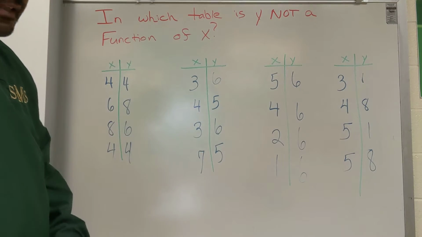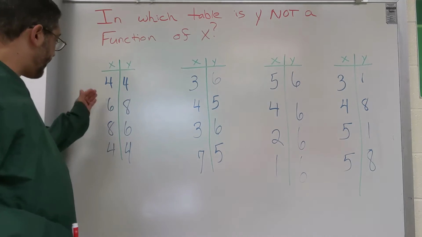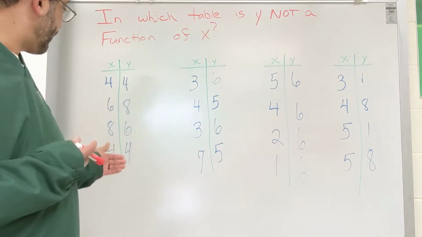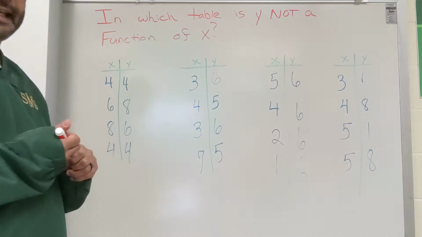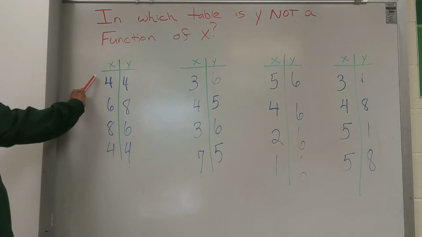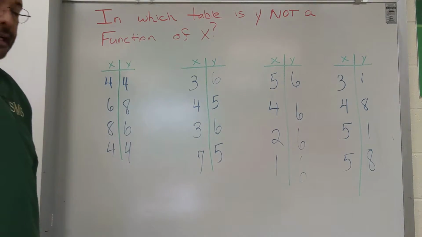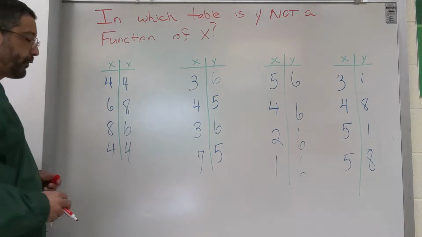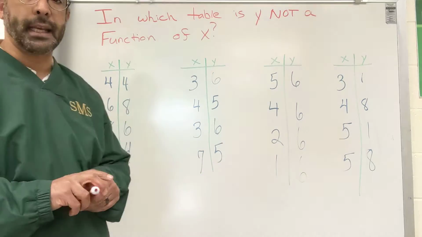All right, so on your sheets, if you look at your first table, you have 4, 6, 8, 4. And then we've got 4, 8, 6, 4 again. So initially, as you look at this table, it looks like you have a repeating x because you have a 4 here and you have a 4 here. So x is repeating.